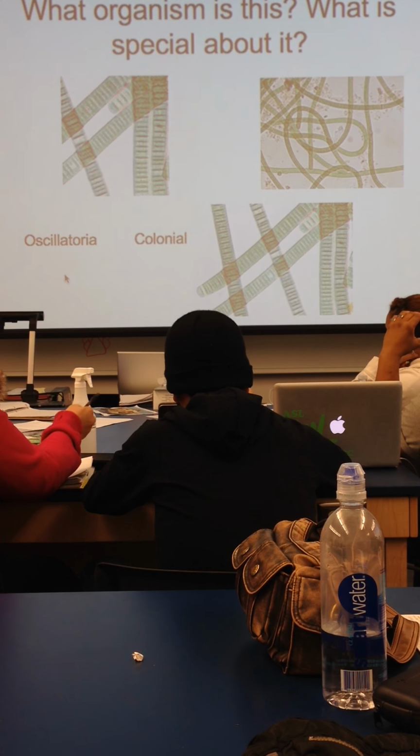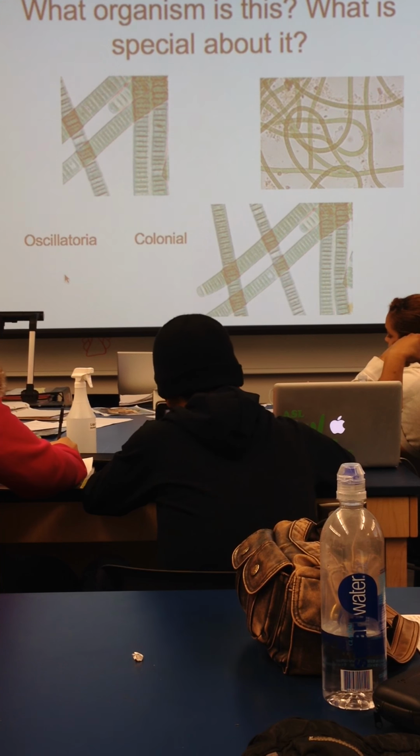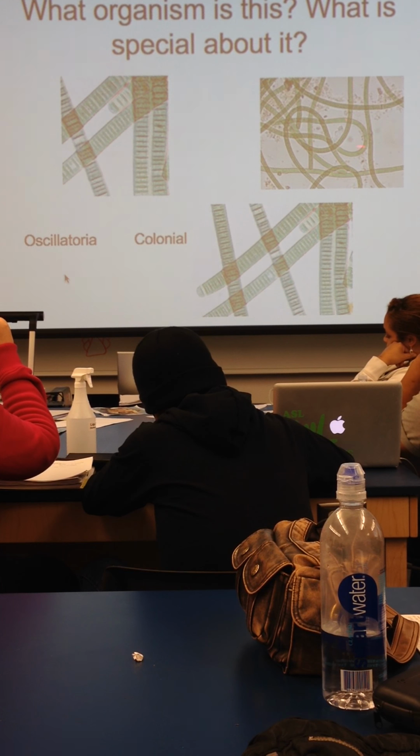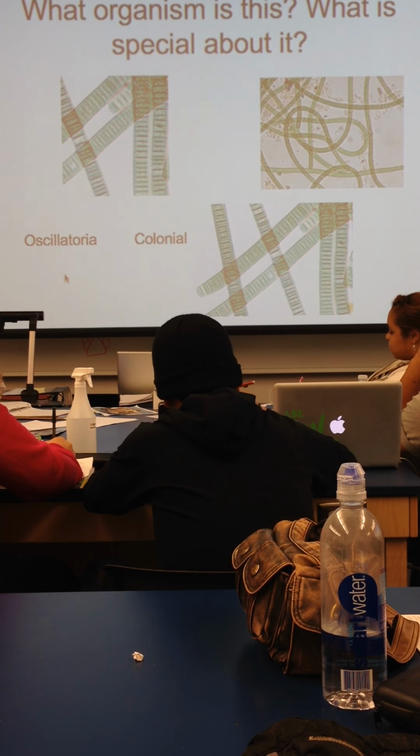Oscillatoria. Thank you. Yes, this is the other colonial that we looked at. Okay, so even though these are squiggly, it's not spirilla, right? We're looking at these individual cells in here, which are rod-like. So this was the rod-like or Bacillus colonial organism. Okay, and it's green because it's a photosynthetic bacteria.